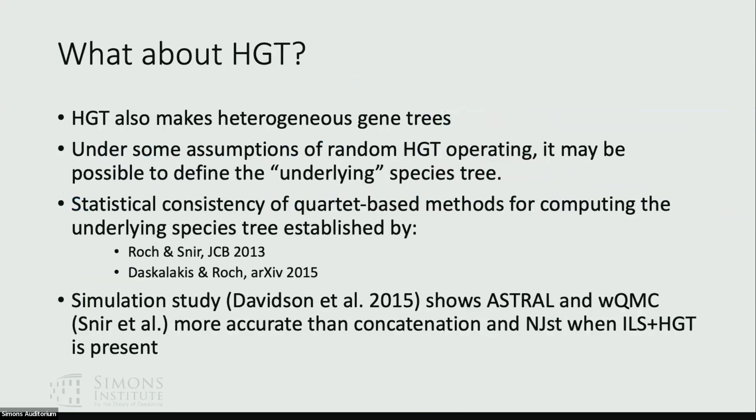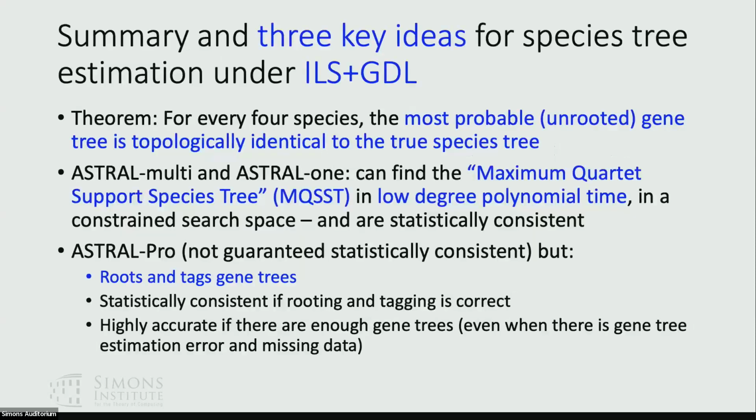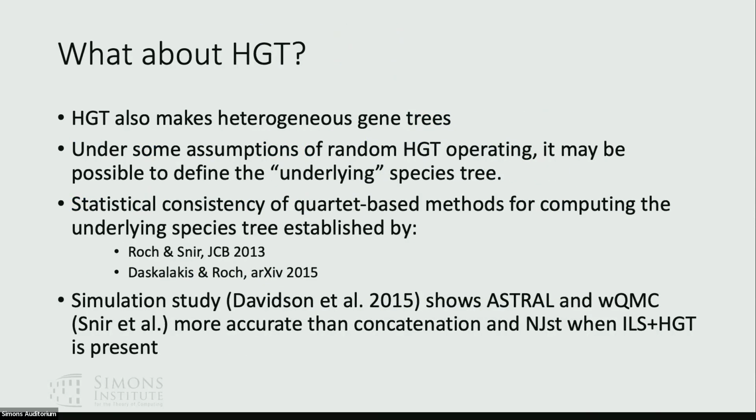So what about HGT? There are other theorems by Sebastian Roch and Sigi Sneer showing that the most probable quartet tree is equal to the species tree here. If you think about lots of HGT, but there's still an underlying species tree, can you get the underlying species tree? They proved that this was possible with quartet trees, with random HGT, but bounded amounts.